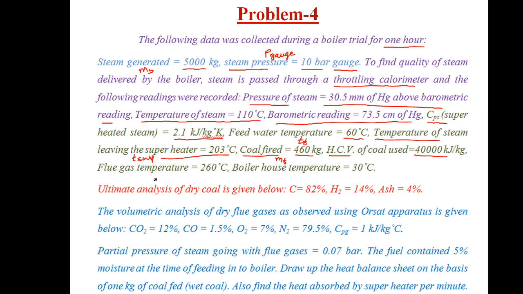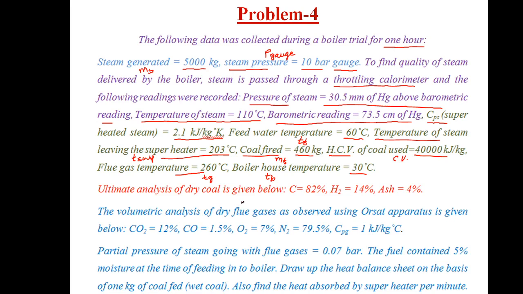The flue gases which come out of this combustion and are discharged into the atmosphere are at 260 degrees Celsius. That is the temperature of gas, T_g, is 260 degrees Celsius, and the temperature of the boiler house, T_b, is 30 degrees Celsius.